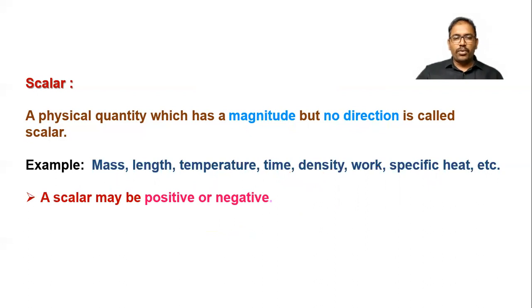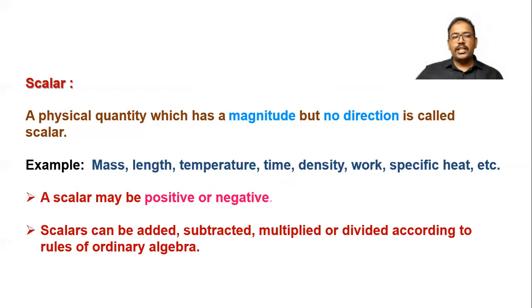A scalar may be positive or negative. Basically, scalars can be added, subtracted, multiplied, or divided according to the rules of ordinary algebra. In previous standards, you already learned how to add, subtract, multiply, and divide, so you can apply that to scalar quantities. If you want to add scalars, you can add them directly using ordinary algebra.